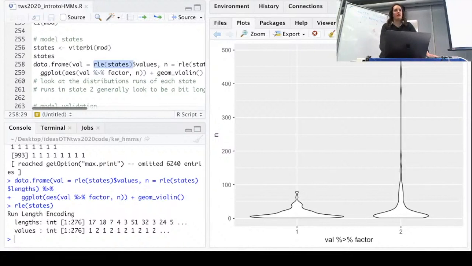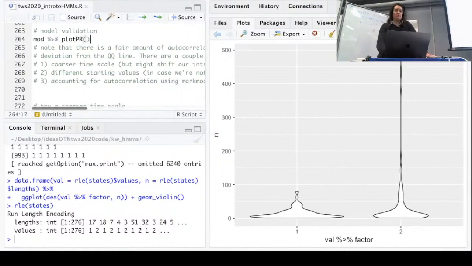I think if we did that right, state 2 was the more resident behavior, and state 1 was the one where the animal was traveling longer. So what we're saying here is that there are some pretty significantly long periods of time where we're staying in that resident behavior, compared to being in that traveling state.